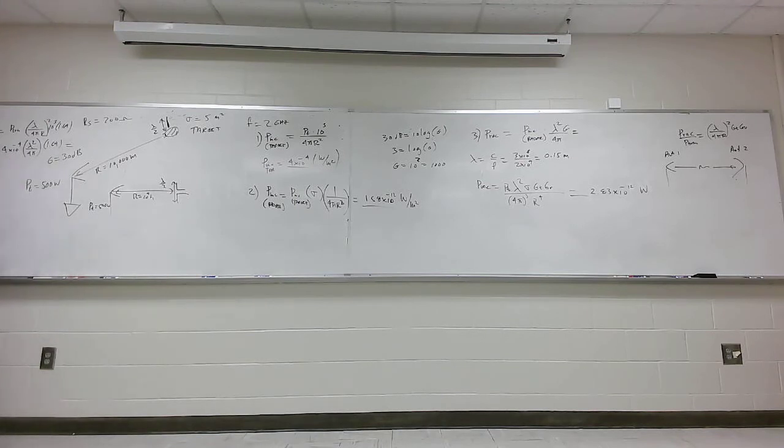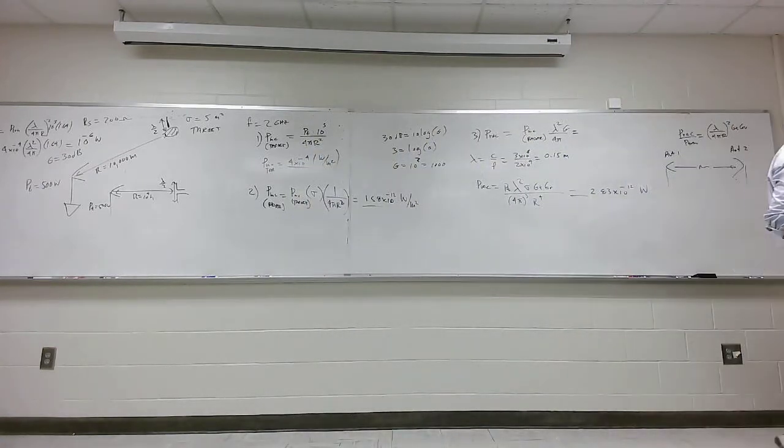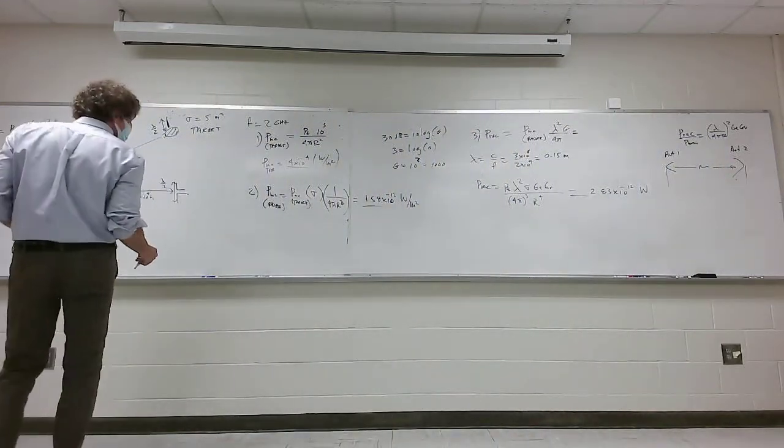This one, you're getting a hard number. Point, 1, 2, 3, 4, 5. 1 times 10 to the negative 6? Is that about right, class? Yeah. And that'd be watts. Now that's P received.